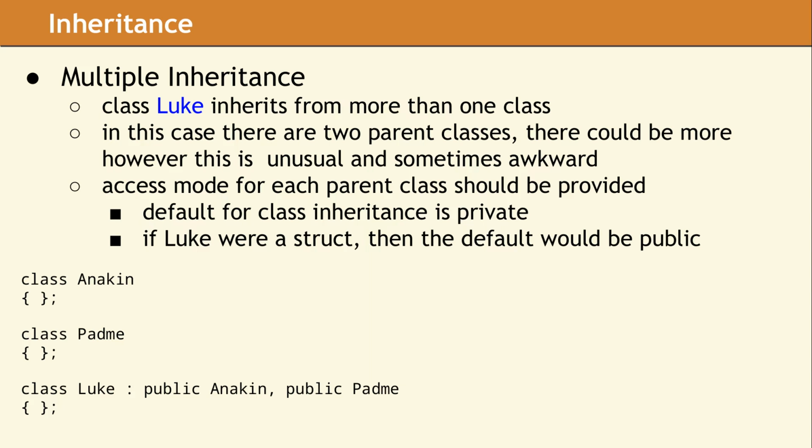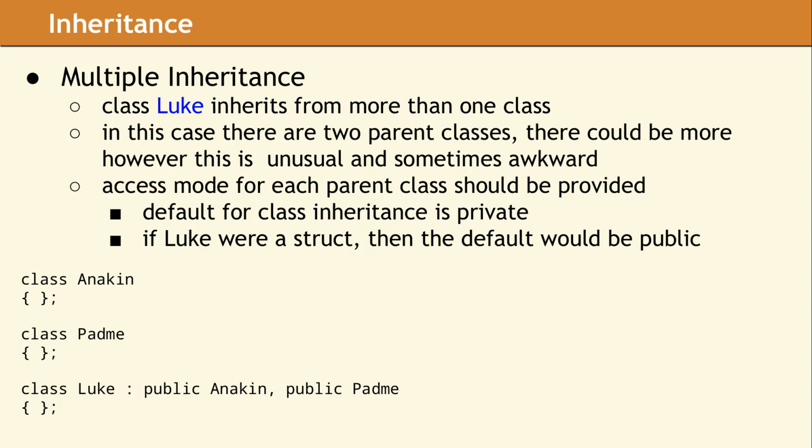Notice in the line that declares Luke and lists the parent classes, the public keyword appears once for each parent class. The access specifiers are optional, which means forgetting the public is not a compile error. However, if you do leave them off, the default may not be what you expect.